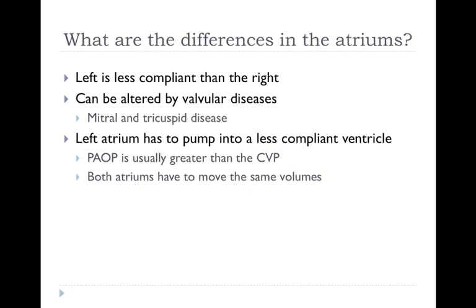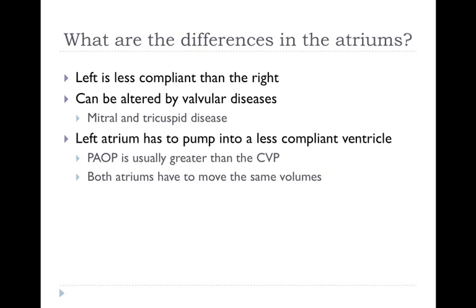Now, remember, both atriums have to move the same volumes, so it's not really that we're talking about actual changes in volumes. What we're talking about is that the ability for a monitor to see a change in pressure would be minimal in an atrium or ventricle that is more compliant.